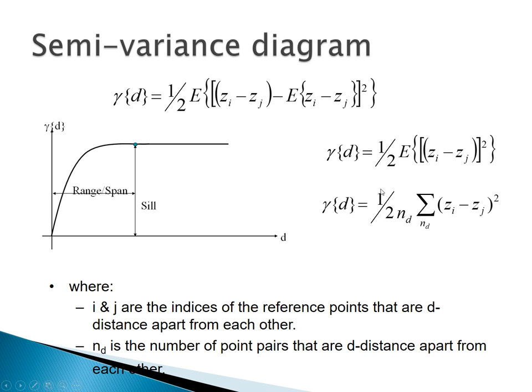So there you go: 1 over 2 times N(d), and then you take the sum of (Z_i minus Z_j) squared. Squaring is always a helpful thing for us to do because it removes any negatives, and then we can always do a square root later.